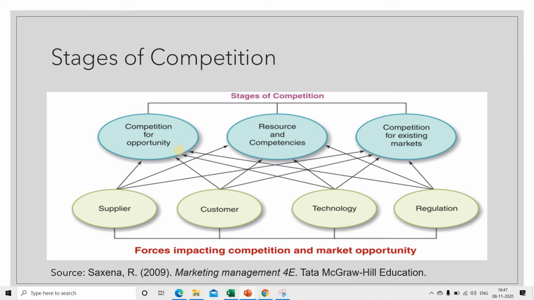Now, Prahalad and Hamel, you must know this, Gary Hamel and C.K. Prahalad. In one of their legendary theses, they had mentioned that the coming era would be all about information. So just product differentiation and all will be non-existent in the future.